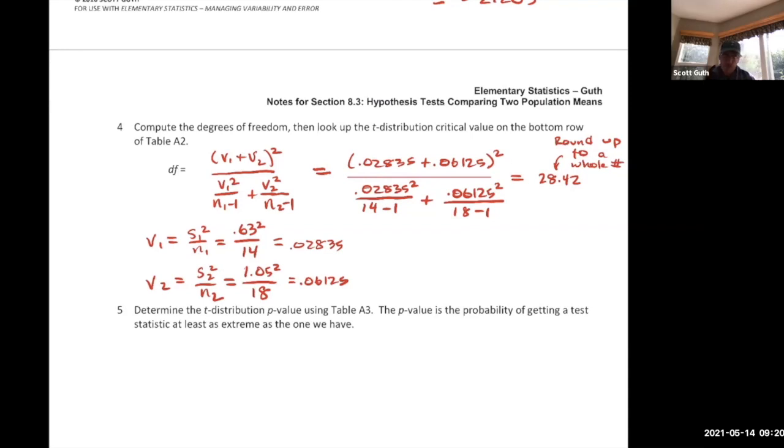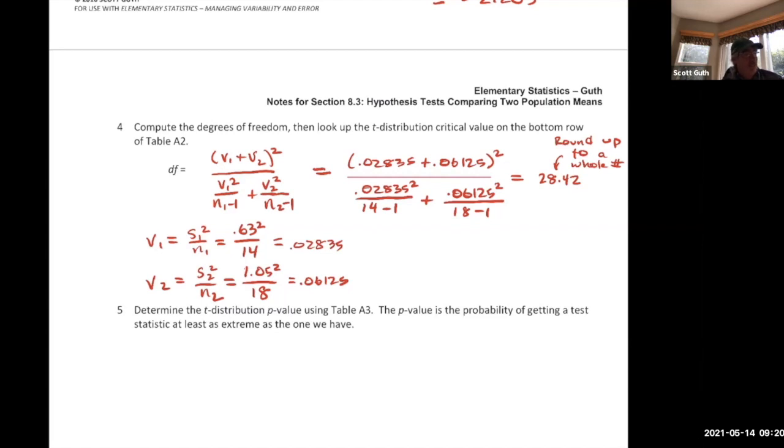Up is the key word only because it's a little complicated, but if you round down, you make the p-value smaller, which makes it more statistically significant, which makes it easier to reject the null hypothesis.